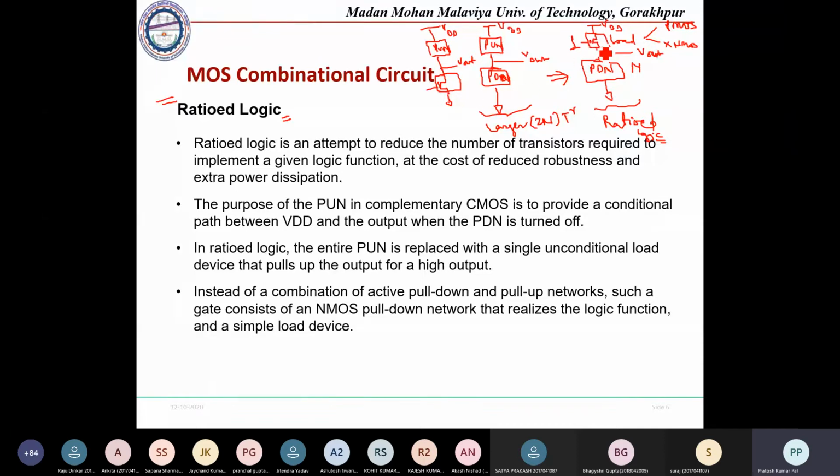So if a single PMOS or a single NMOS is used as the driver or load transistor, these circuits are called ratioed logic. We will be studying this ratioed logic in depth, like how its behavior affects the output performance of the circuit.